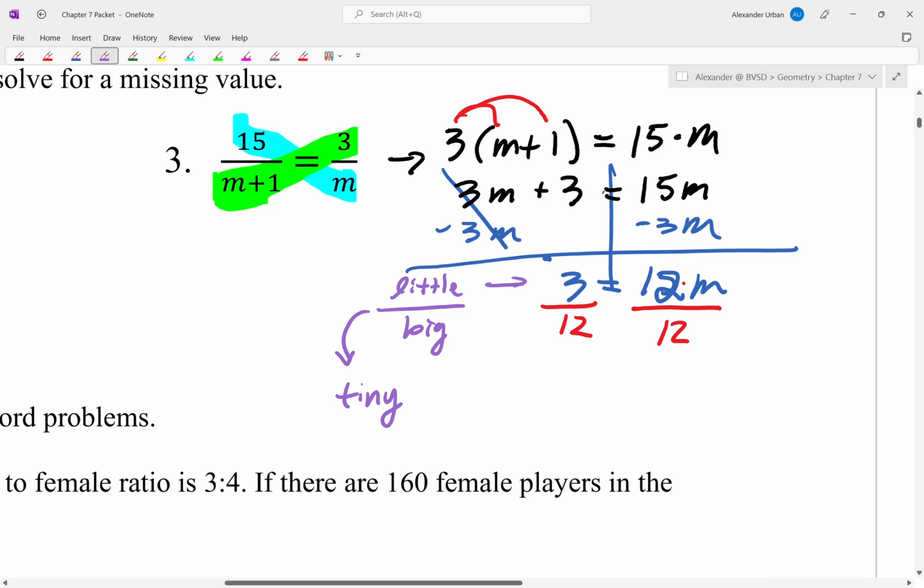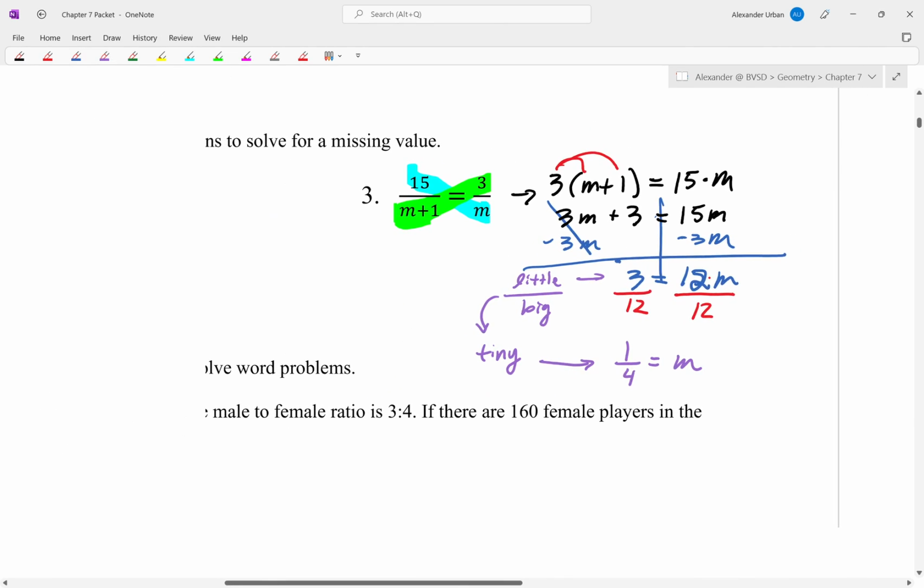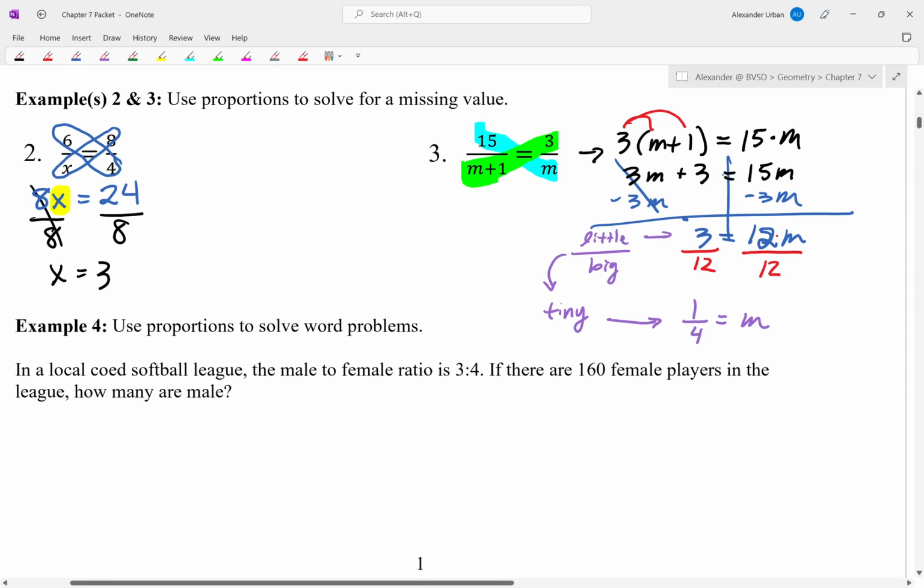So we cannot have this turning out to be 4. This is going to be reduced to 1 over 4, or a quarter, is equal to m, because 3 over 12 is 1 quarter. They are equivalent ratios. All right. Make sure you pause there if you need to look at that and analyze it again.